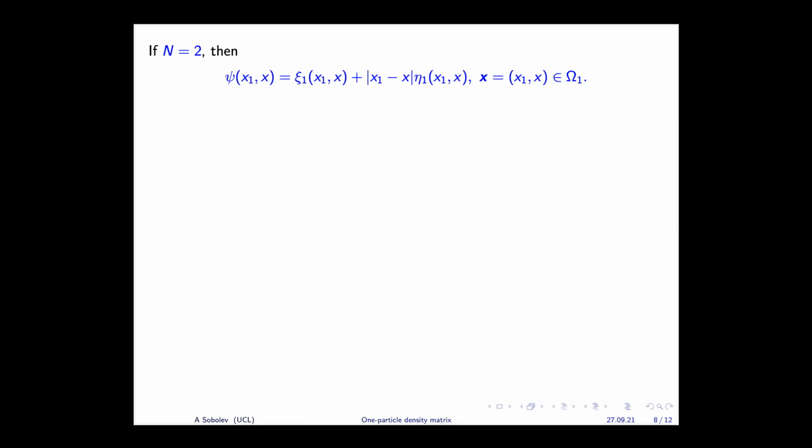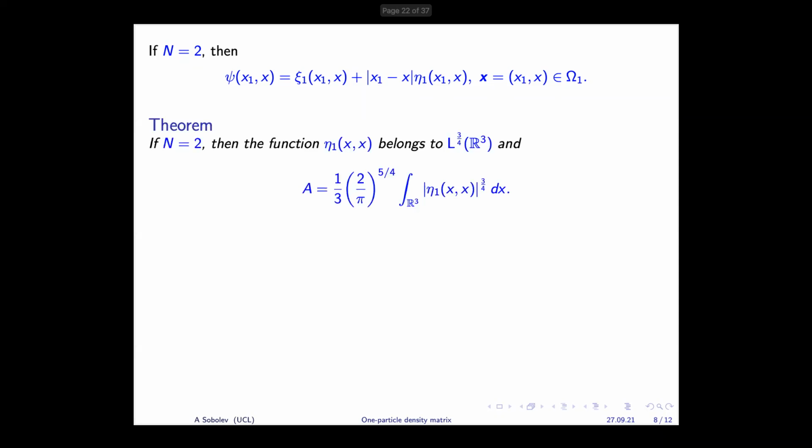Now, on this slide, I will just show you the formula for the coefficient A. There is one thing that I haven't mentioned before, but I will have to mention it here. So let's take the two-particle case, just for simplicity. Notice that in the previous proposition, I pointed out that both cubes are of the same dimension.